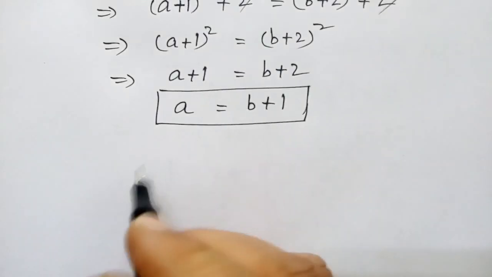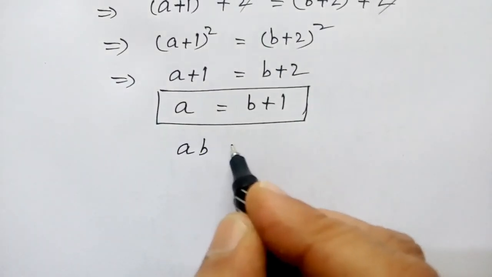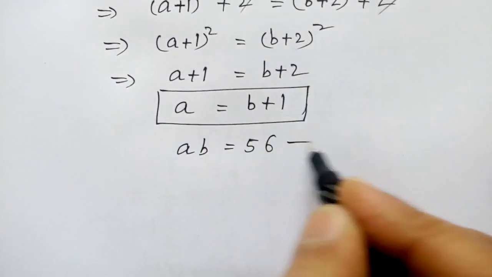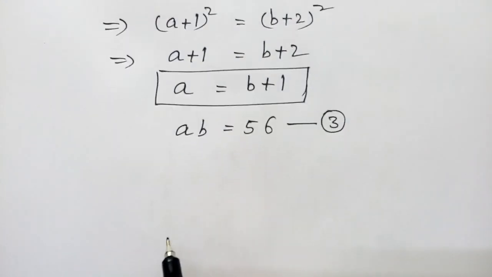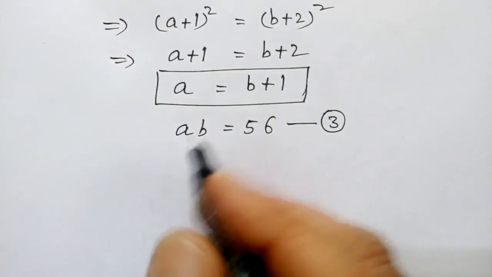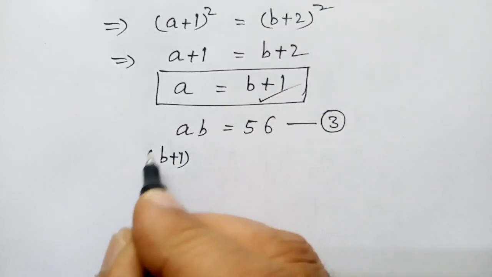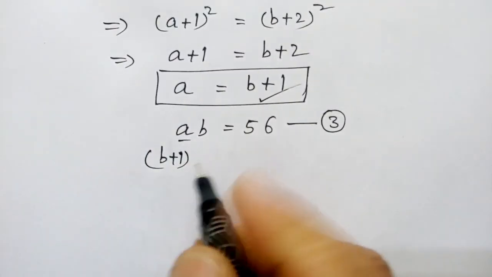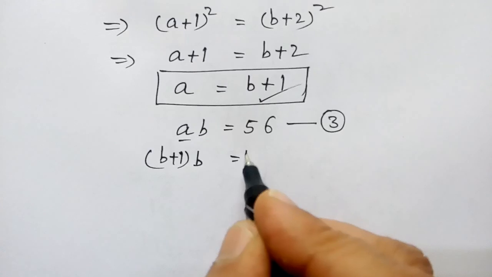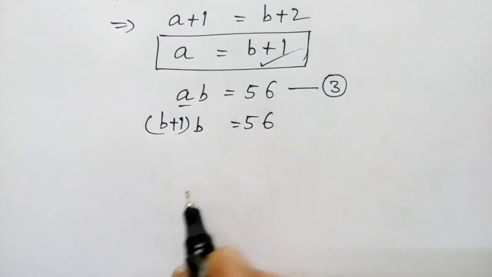Okay, ab is equal to 56 as we have equation third, right? a is equal to this, b plus 1, right, into b is equal to 56.